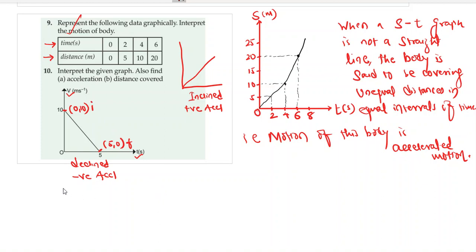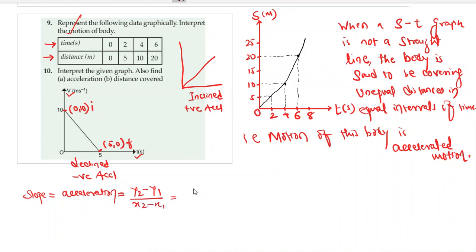So let us find the slope of this graph. So slope is equal to acceleration, which will be of course negative. Retardation is how much? It is y2 minus y1 upon x2 minus x1.